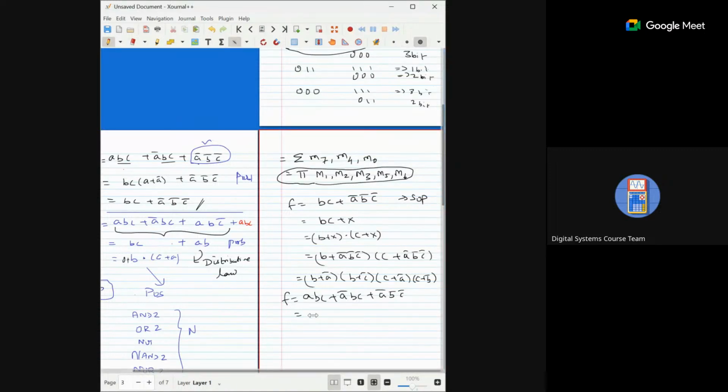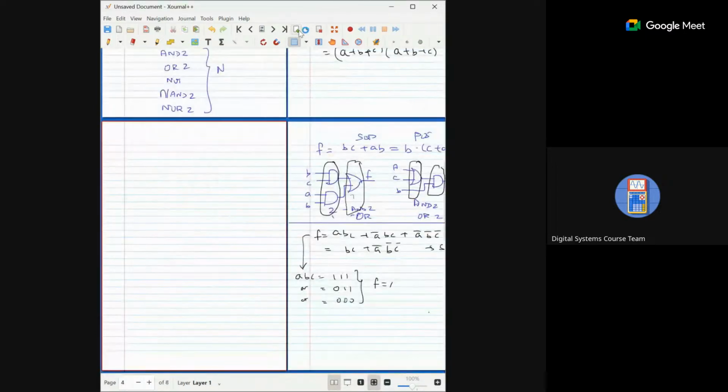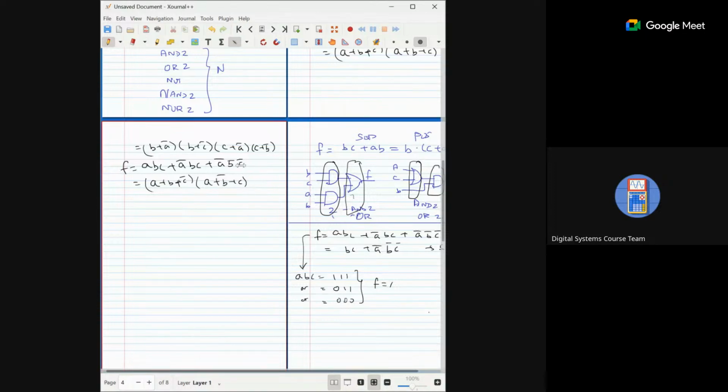So M1 can be written as A plus B plus C bar. Am I right? Then M2 can be A plus B bar plus C. Then M3, I think I can copy this particular part because that's what we want to showcase. I can write it on a separate page. So the above expression only I want to prove. Sorry, I forgot to write.